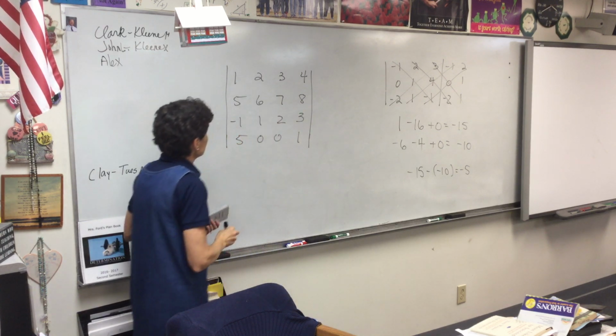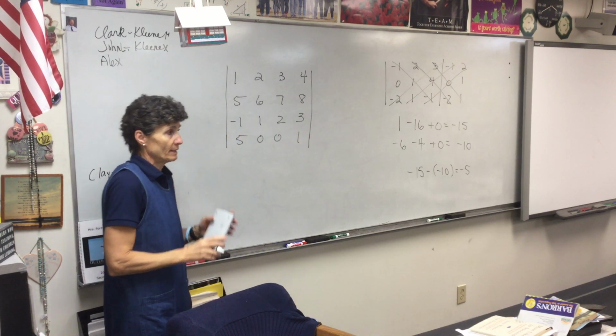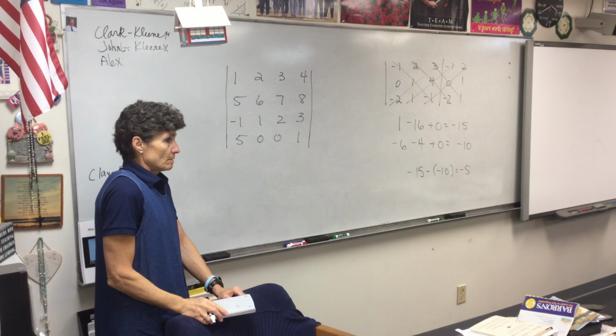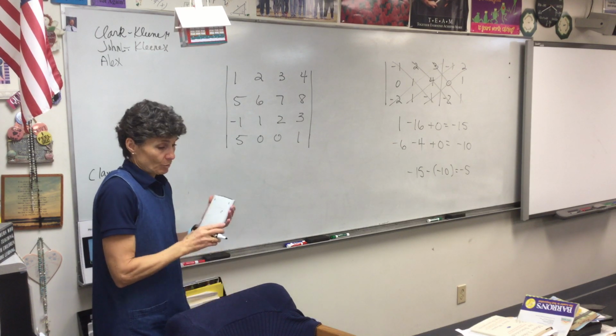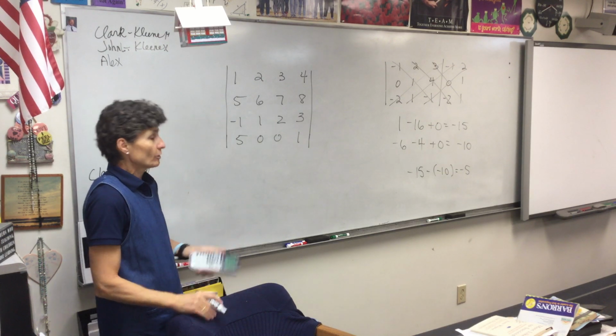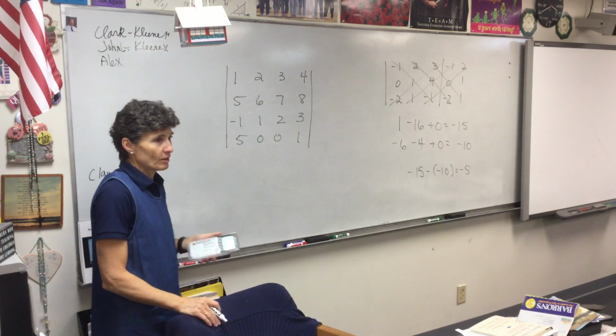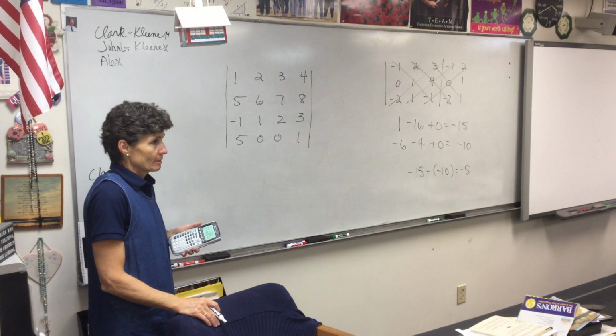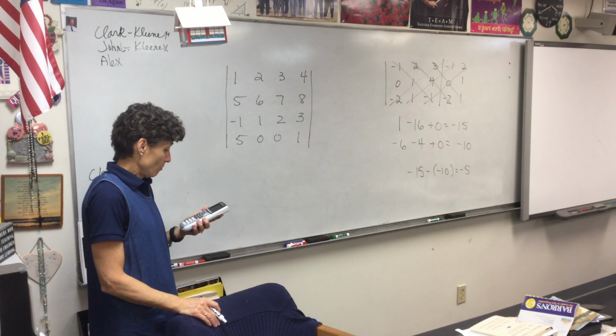Alright, so let's say here's our determinant. Alright, so we're gonna evaluate this determinant on our calculator. So looking at all the buttons on the front of your calculator, where do you think we might start? No, but that's a good thought.